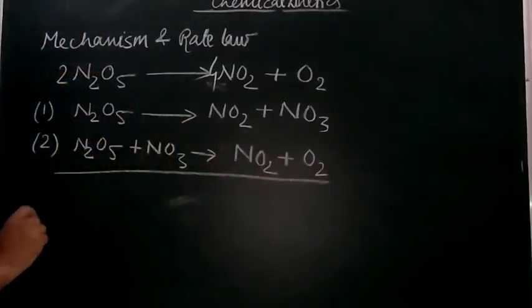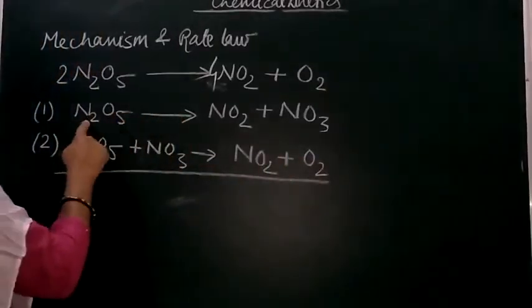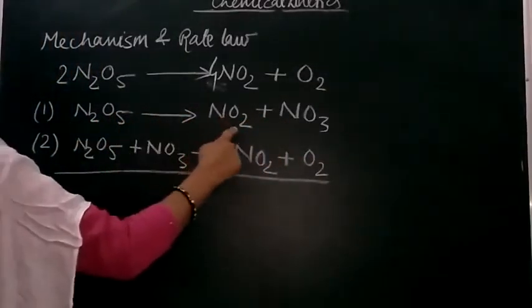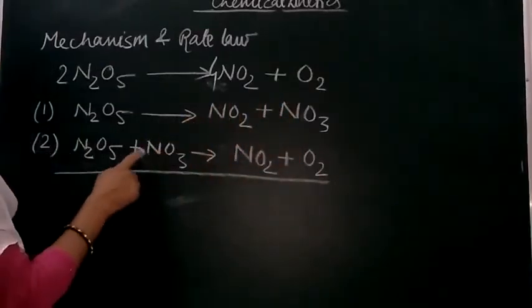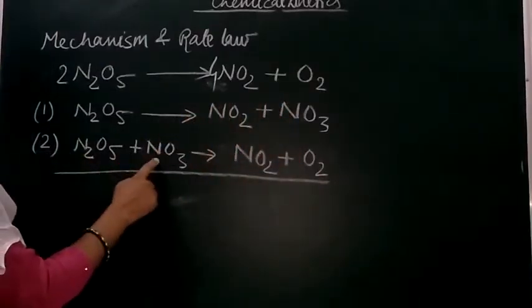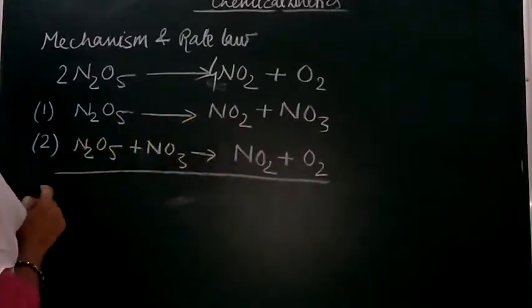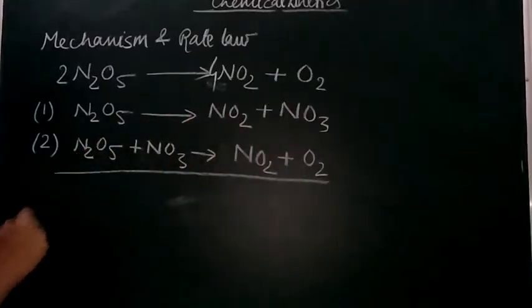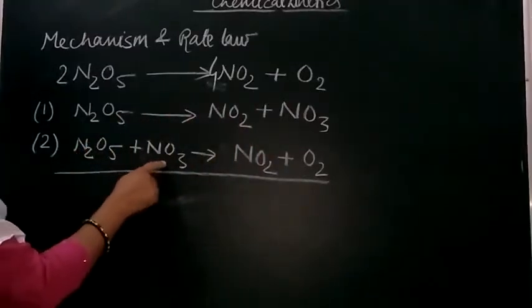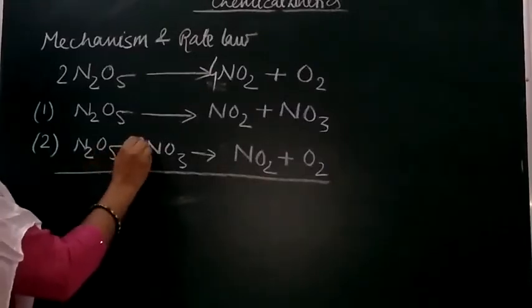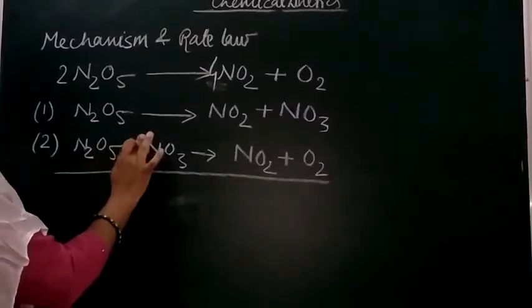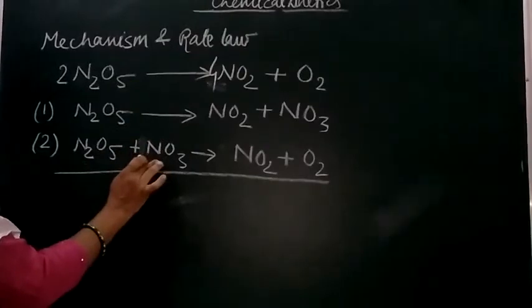Now here this equation is balanced, N2O5, 2 plus 3, 5. Now we have to balance this equation. It is N2O5 plus NO3 gives NO2 plus O2. So students, when you balance it, how will it go? This one, oxygen 5 at 5, we are not going to disturb this.